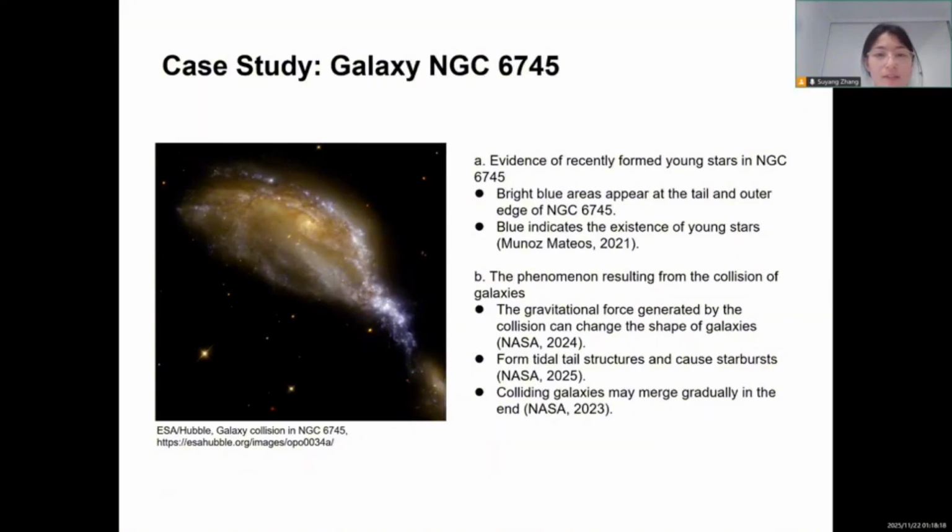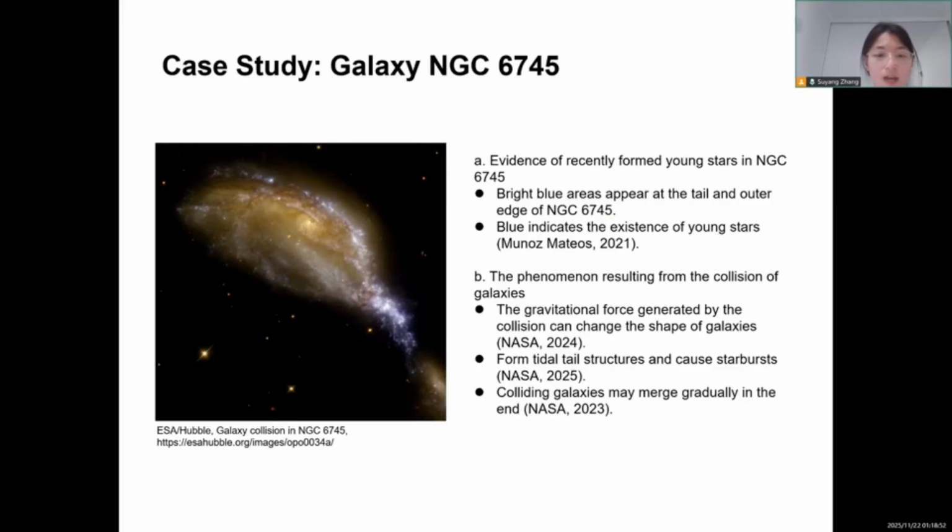Next, let's take a look at the colliding galaxies NGC 6745. In this picture, we can see the extended tidal tail structure and some bright blue areas distributed on the outside. These blue areas represent newly formed stars, which are the result of gas compression caused by the collision of galaxies.